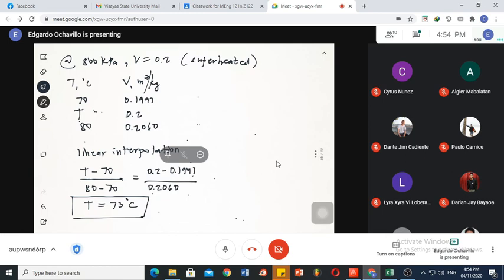You can interpolate because you are given one other property. Only one property. You have 0.2 specific volume, then you can now find the temperature. Okay? Any questions?